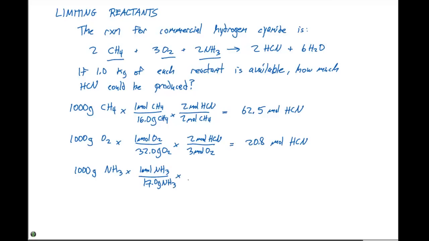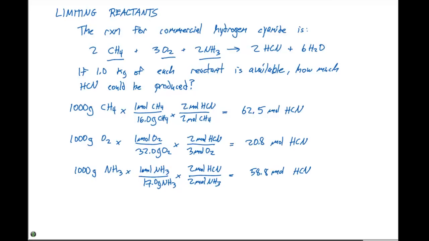From the balanced chemical equation, for every 2 moles of NH3, we have 2 moles of HCN. This gives us a total of 58.8 moles of HCN. So now we can look at these and see the amount that was produced if 1,000 grams of each of our reactants reacted completely.